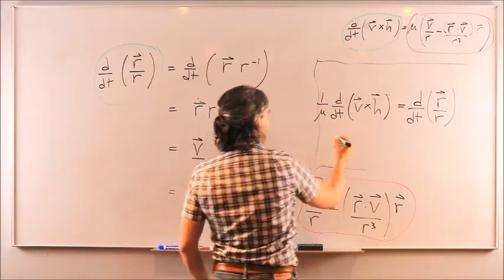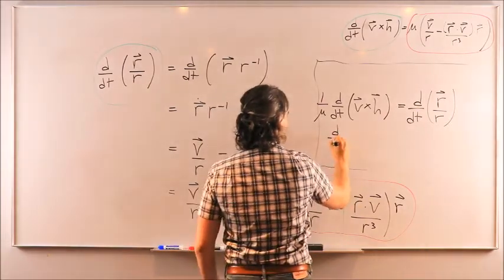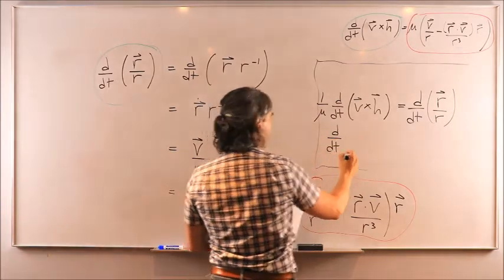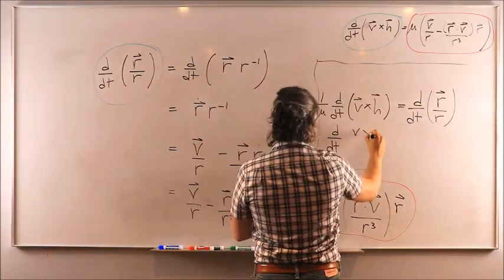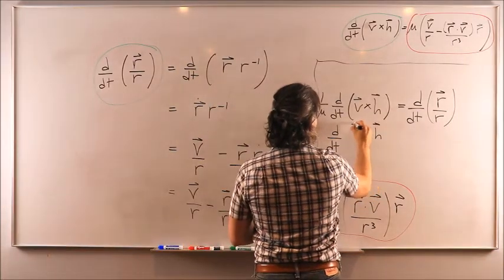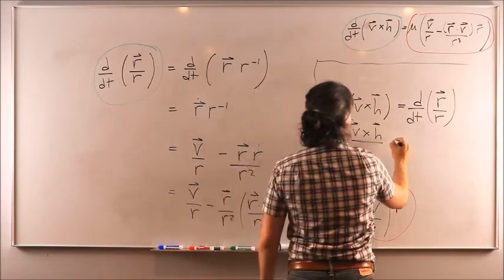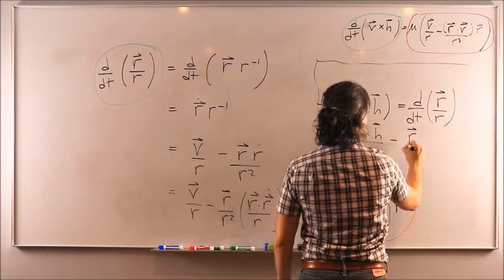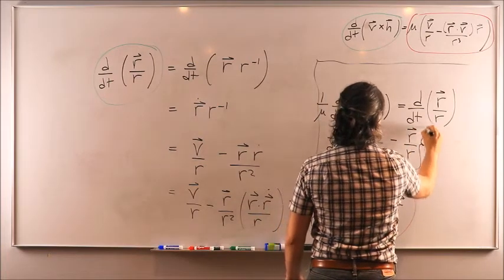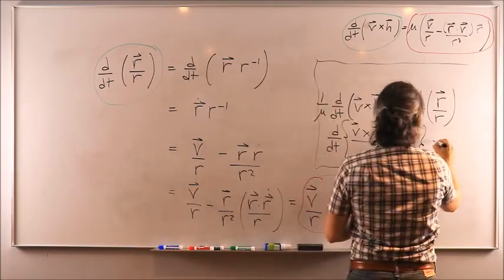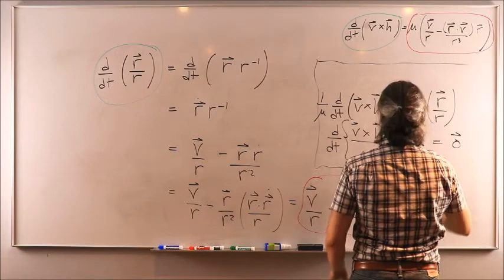But here we have essentially the time derivative of v cross h divided by mu minus position over distance equal to the null vector.